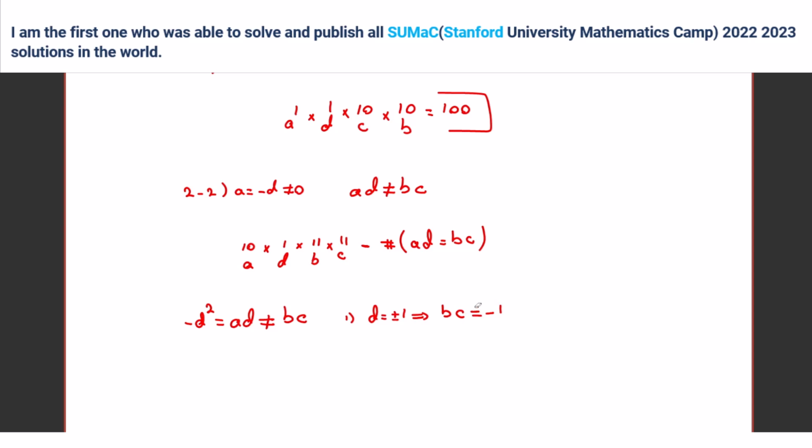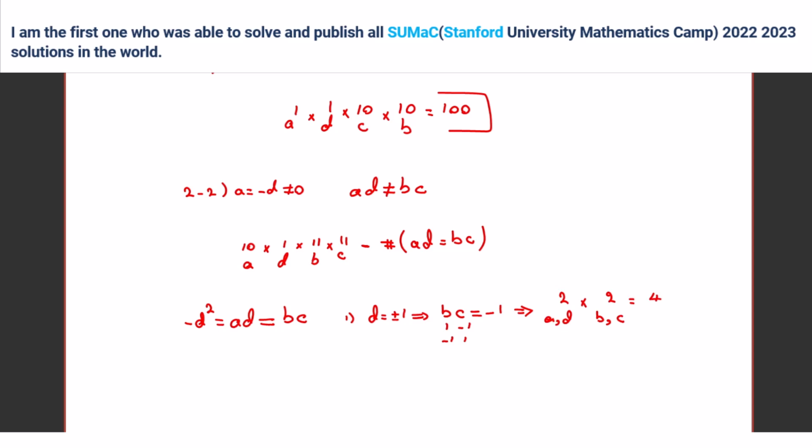Using the complement rule, BC is equal to negative 1. How many cases do we have? For A and D, we have 2 cases. For B and C also, we have 2 cases: 1, negative 1, negative 1, 1, right? So you have 4 bad cases.